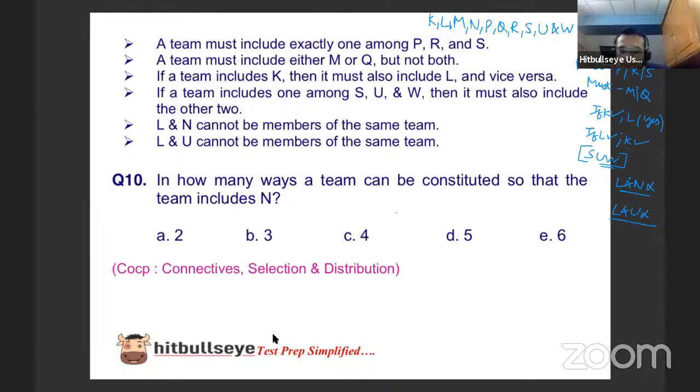Couple of answers coming. C, E, A. Let's try to see, note them down. Okay, what else?